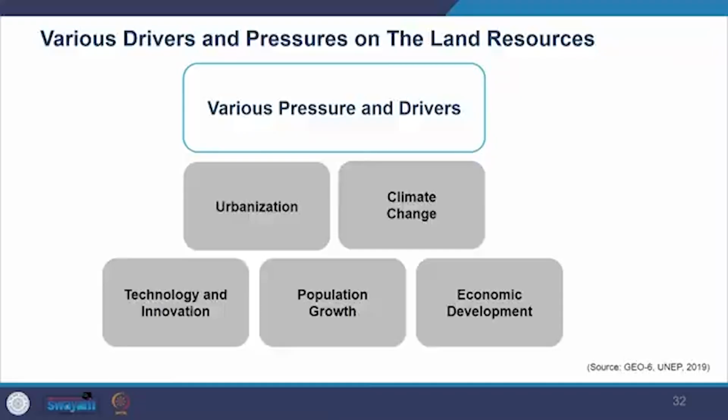Now, think of various drivers and pressures on land resources. So you are familiar with this, but then we'll look at what these drivers are, how they are influencing the land resource. So first one you can think of, and it's very evident and as seen in other cases too, is the population growth. Population growth is majorly causing land use change and is a threat.